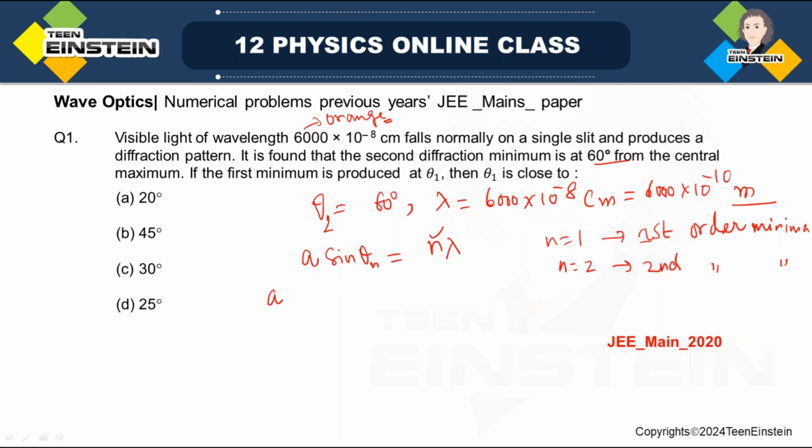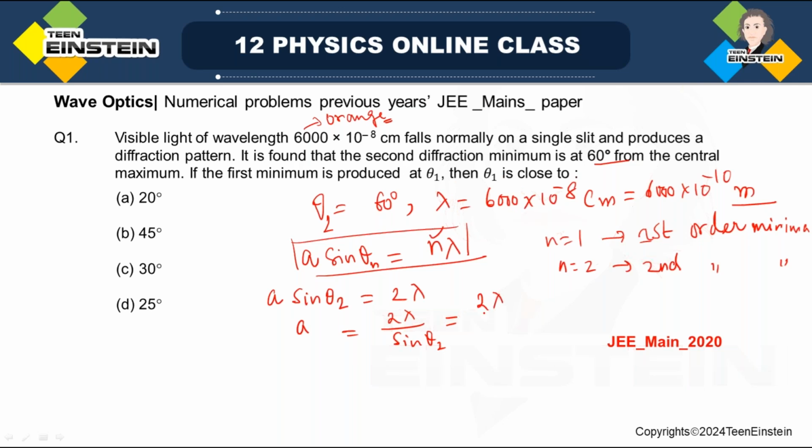This is the condition I am applying for the second minima: a sin theta 2 is equal to 2 lambda. Then a is equal to 2 lambda by sin theta 2. Theta 2 is 60 degrees, and sin 60 degrees is root 3 by 2.